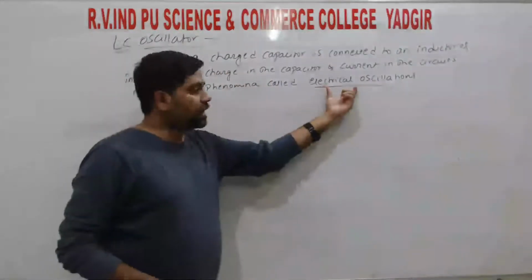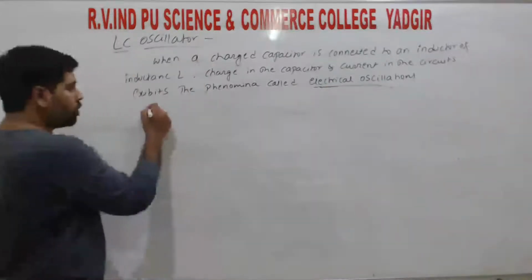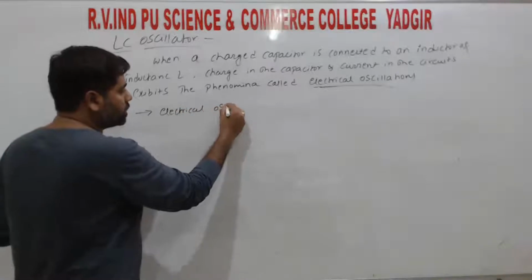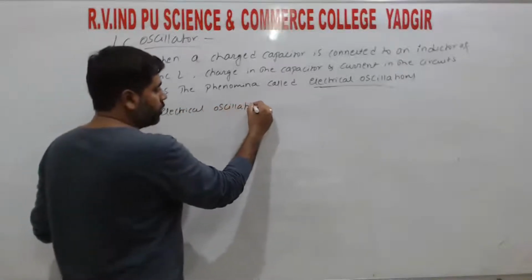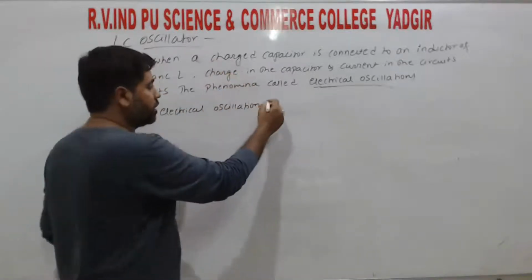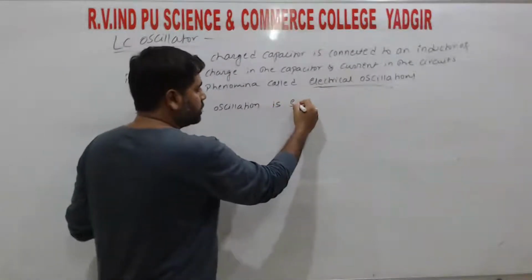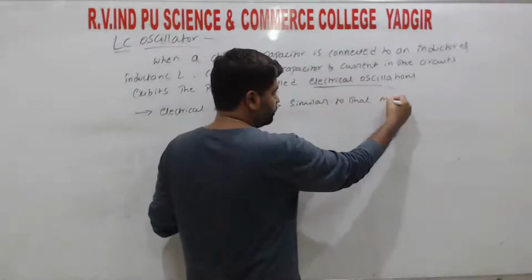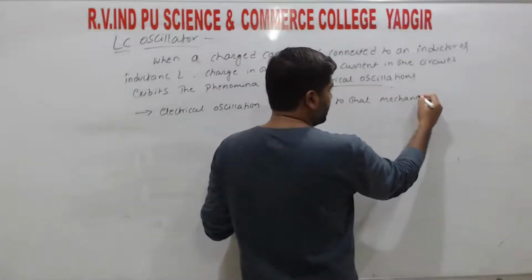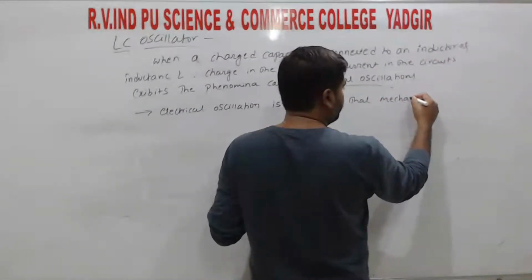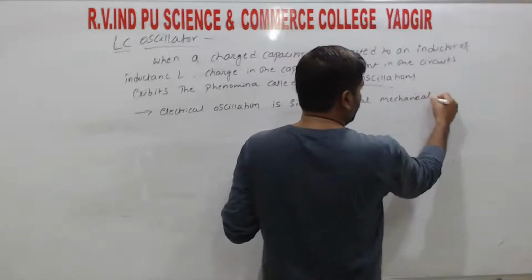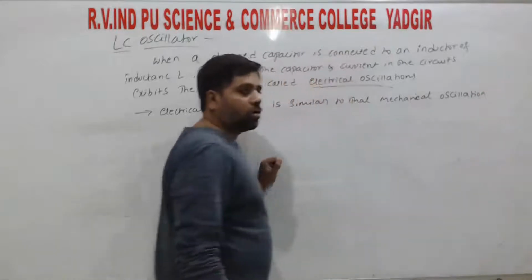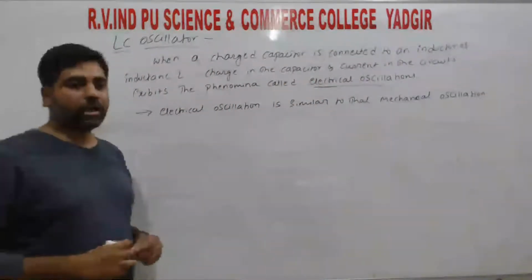So this electrical oscillation is that of the electrical oscillations which are produced in the LC oscillator. Electrical oscillations are similar to mechanical oscillations.